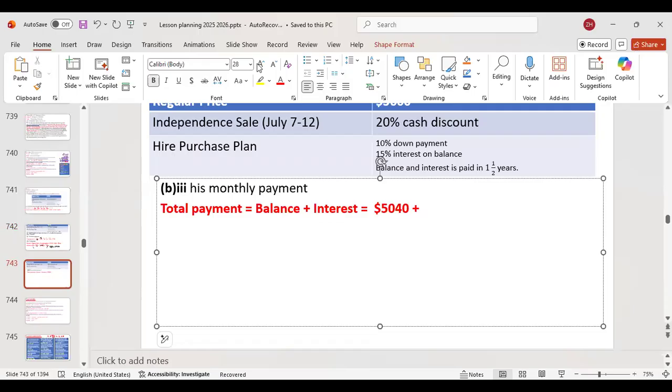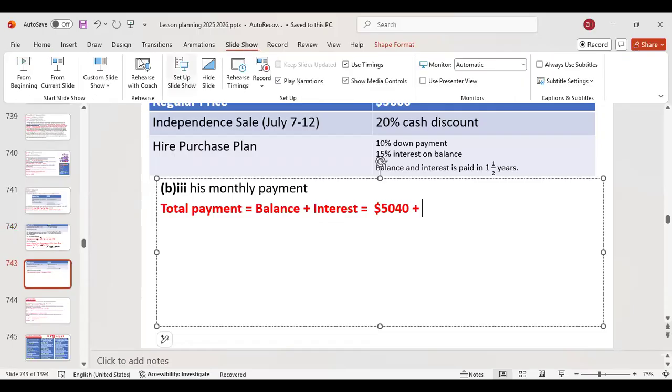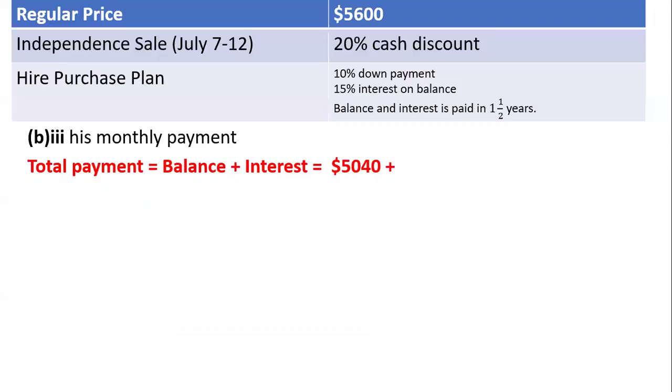Basically, this is very easy, let me just help you with this part. What's happening here is that we want to figure out his total payment. For his total payment, he has to pay the balance and what else?